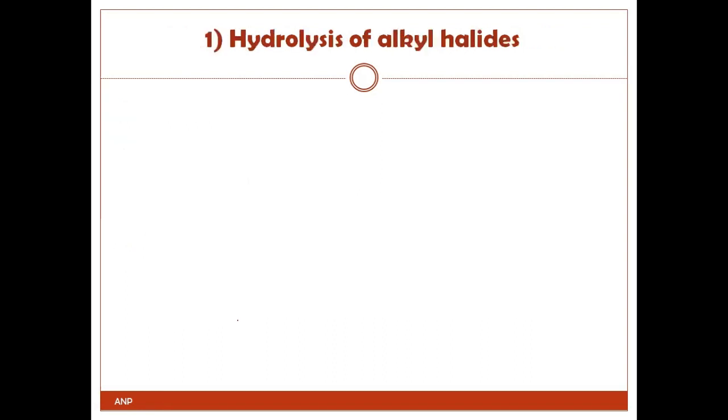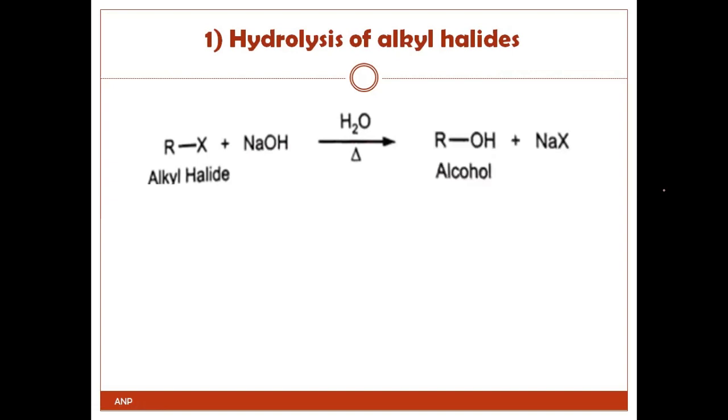Hydrolysis of alkyl halides. Alkyl halides react with aqueous sodium hydroxide to form alcohols. This is a simple nucleophilic substitution reaction. So alkyl halide RX reacts with sodium hydroxide and gives alcohol ROH as well as sodium halide NaX.